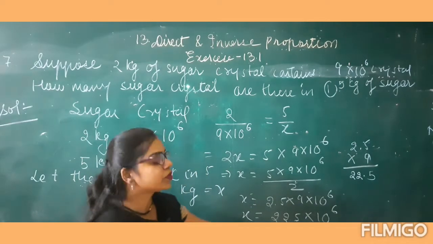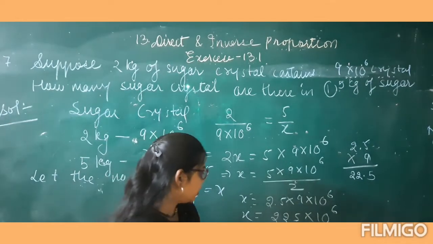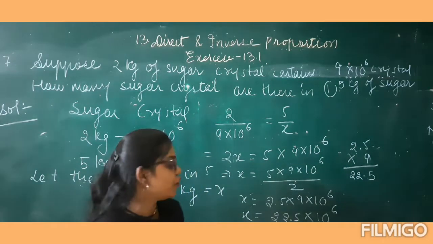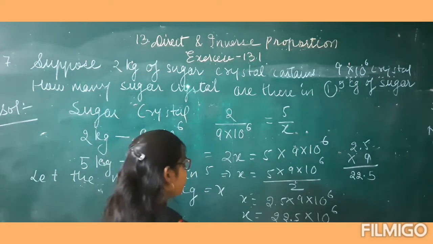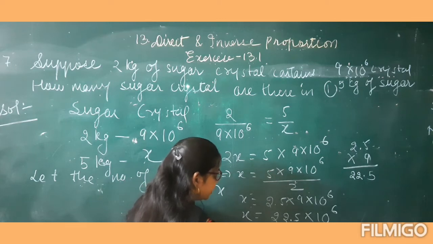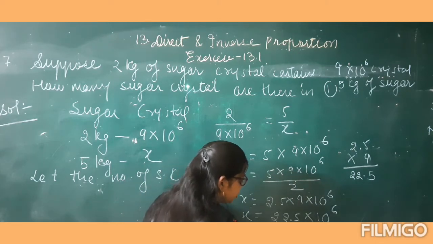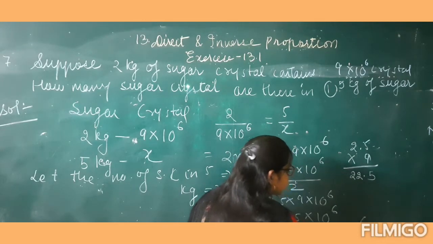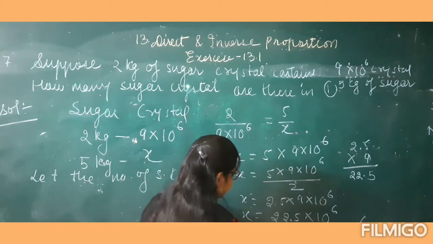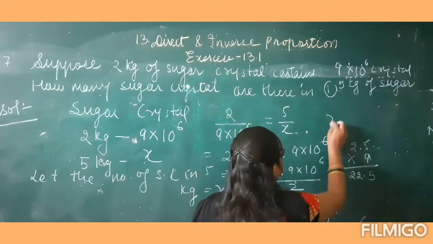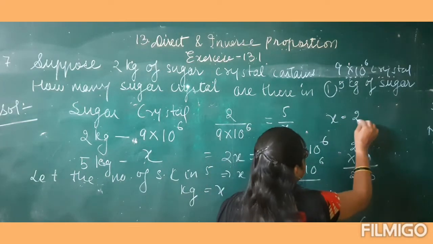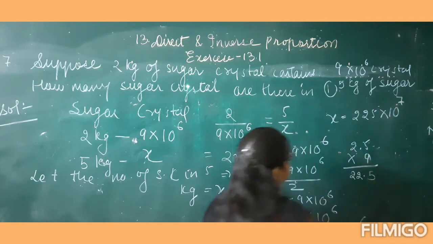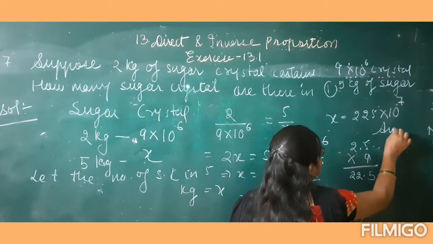Still this is not in the correct exponential form, because it should be like 2.25 into 10 to the power 6. So what I will do, I will multiply here by 10. So this will be 2.25 into 10 into 10 to the power 6. So at last you will get x equal to 2.25 into 10 to the power 7. Okay, this is the answer.